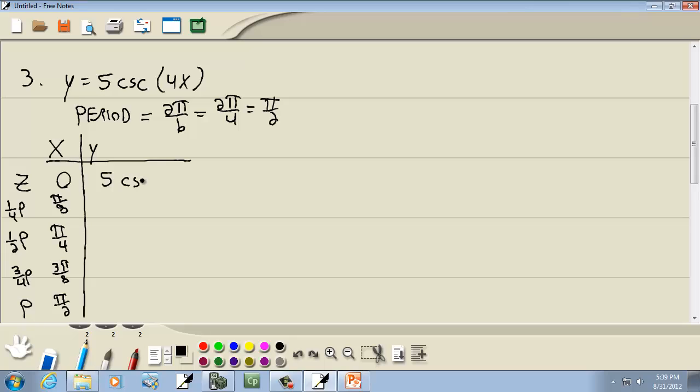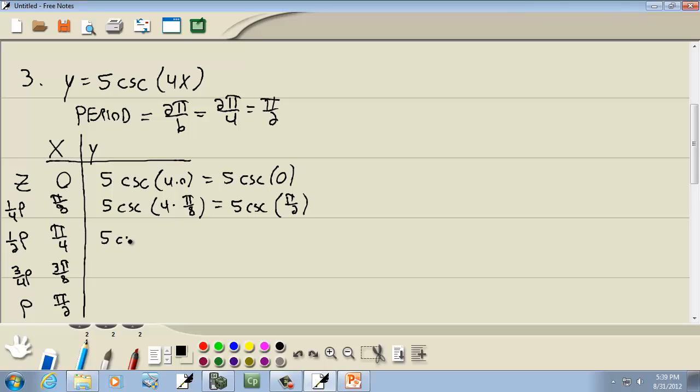So I got 5 cosecant of 4 times 0, which gives us 5 cosecant of 0. We got 5 cosecant of 4 times pi over 8, which gives us 5 cosecant of pi over 2. We got 5 cosecant of 4 times pi over 4.